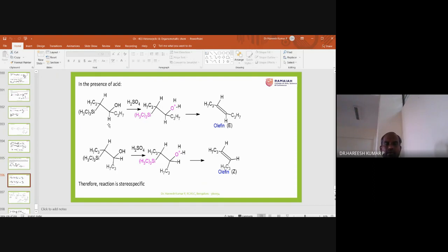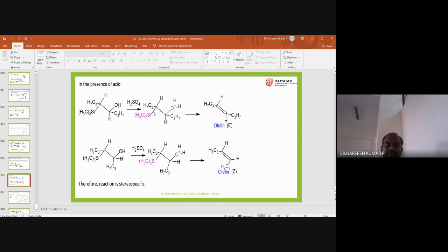What is happening here: this is a hydroxy group and this is a silyl group. Adjacent to silyl, this is alpha, this is beta. That means it is a beta hydroxy silyl compound. This hydroxy can take a proton from the acid source and form a hydronium ion. Once there is a formation of hydronium ion, this bond pair is coming over here, and this will go out.